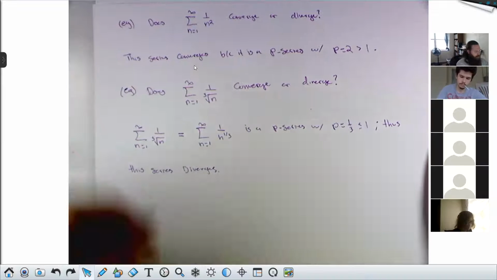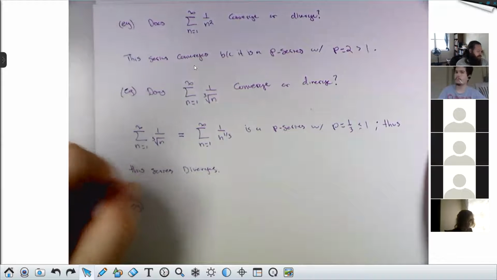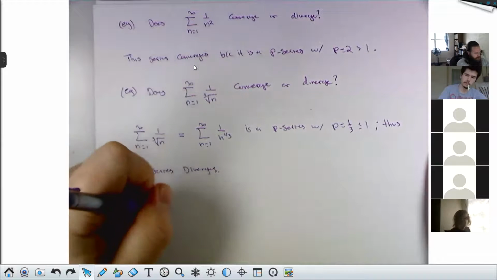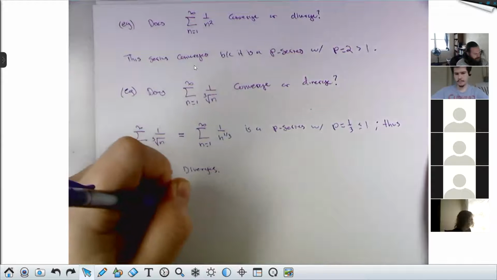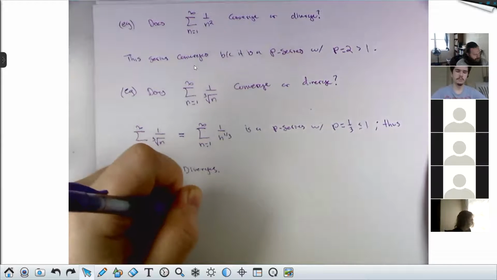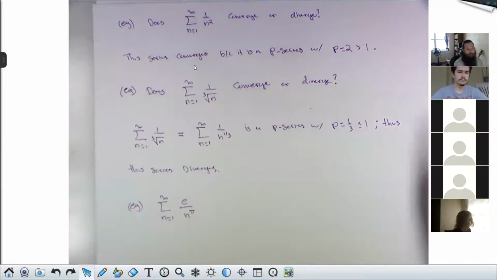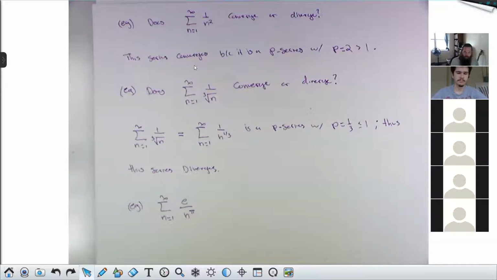Okay, how about a little bit more? Sigma n from 1 to infinity, e over n to the pi. This looks a little bit funky, doesn't it? We take the e out. Good. e is a constant.